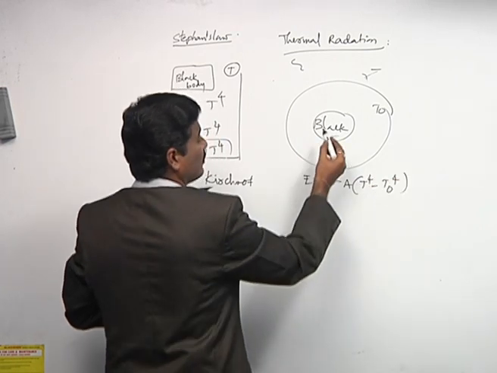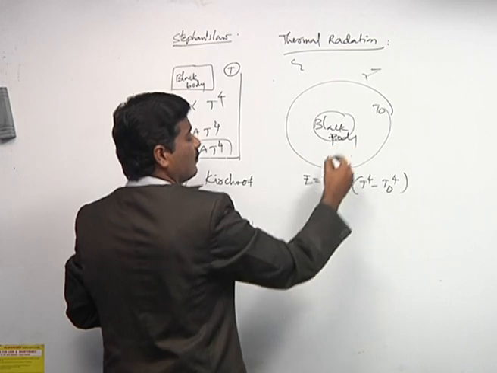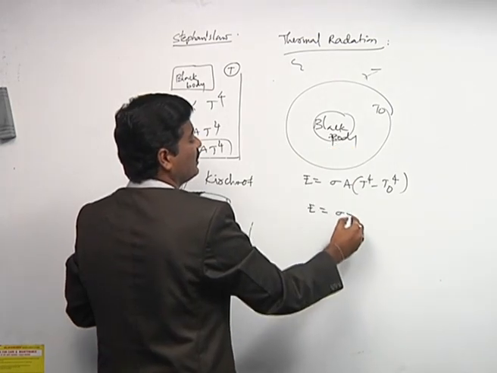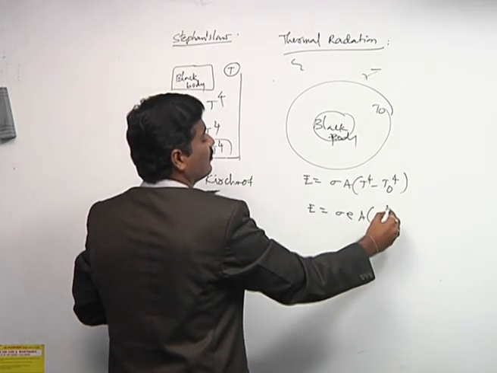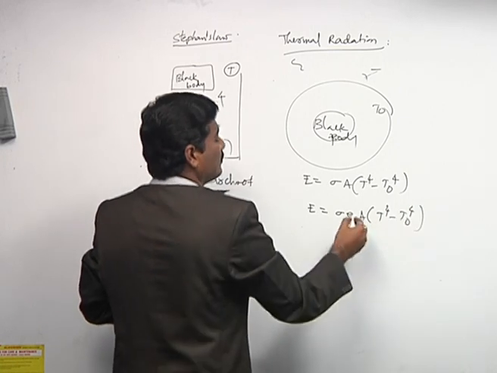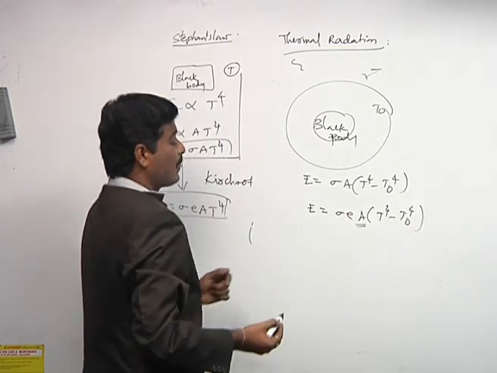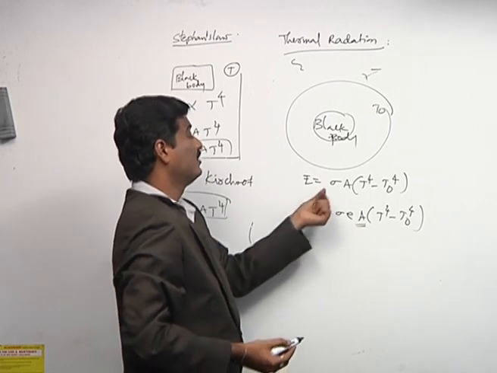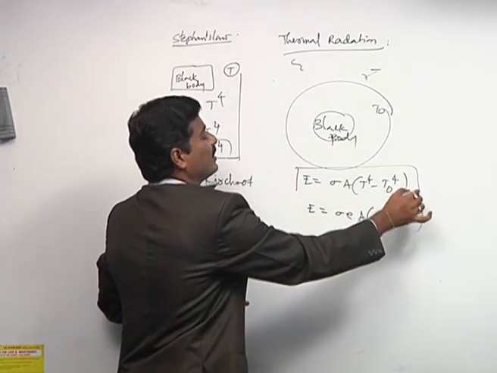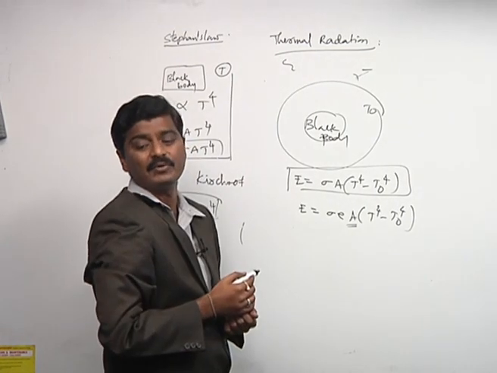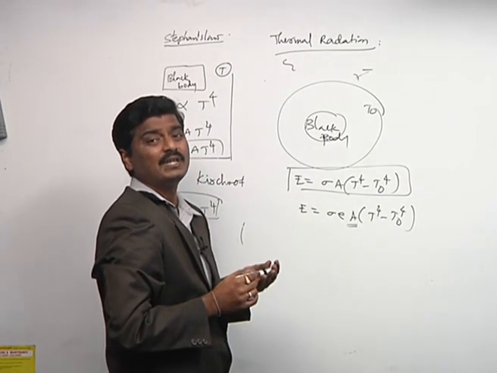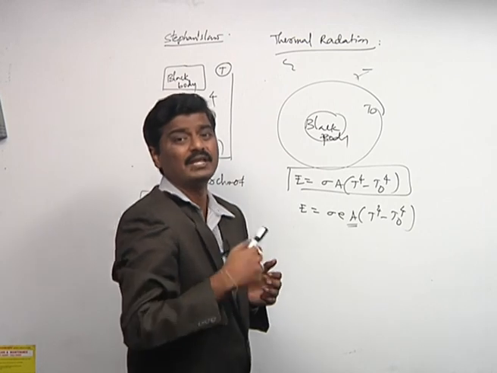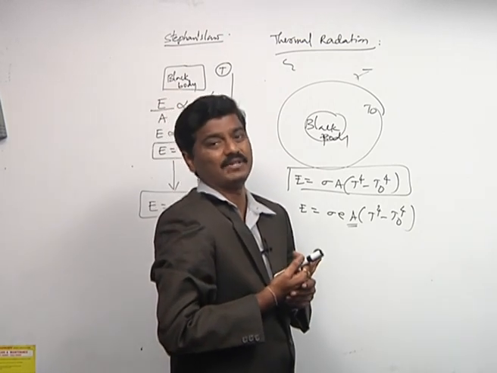For ordinary bodies, it is sigma e A (T to the power of 4 minus T naught to the power of 4). So, emissivity e can be introduced for ordinary bodies, whereas for the black body we directly write sigma (T to the power of 4 minus T naught to the power of 4). This is how heat can be transferred by radiation for black bodies.